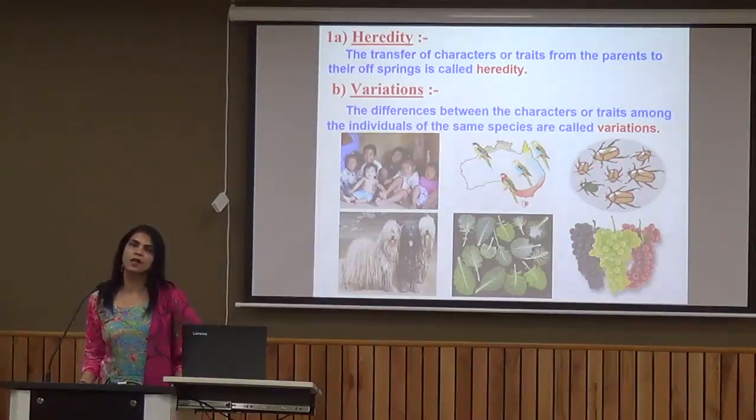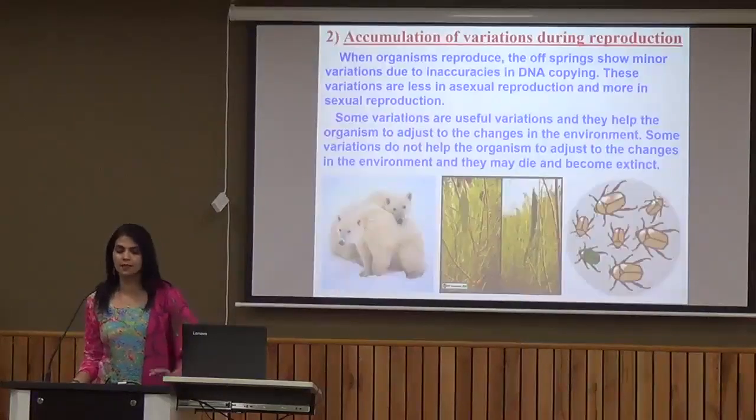In the same way, the external appearance of an organism is phenotype and genotype is the genetic constitution. Because of the kind of genes present in you, you look like something. Whatever you look like, your mental makeup, everything depends on the genes. So genotype is genetic constitution, phenotype is external appearance. So these are the basic terms.